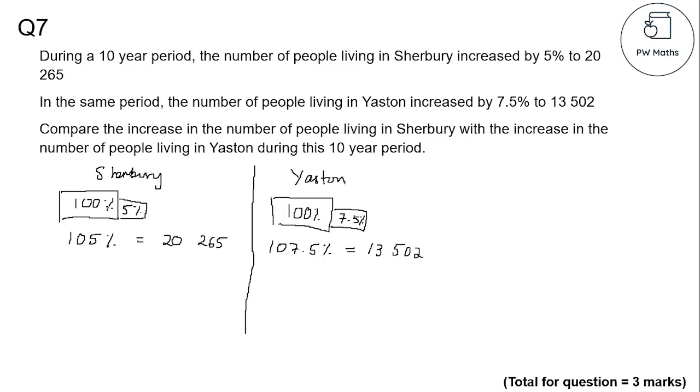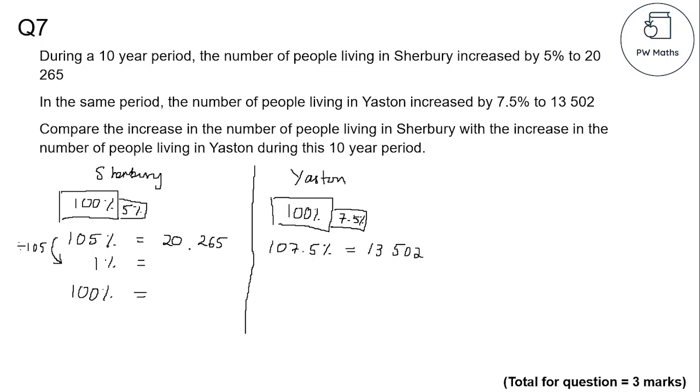We know in Sherbury we've written 105% is 20,265. I actually need to find out what 100% is, what the population used to be. I don't know how many times 105 goes into 100, and I've got a calculator. It's always safest to go via 1%. To go from 105 to 1%, we'll divide by 105.